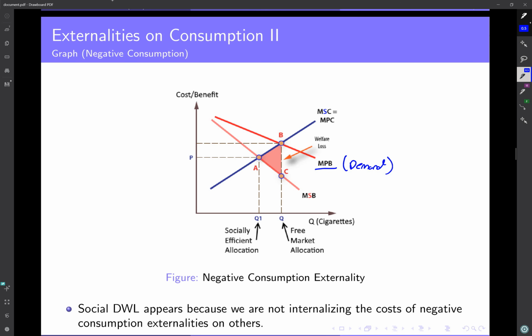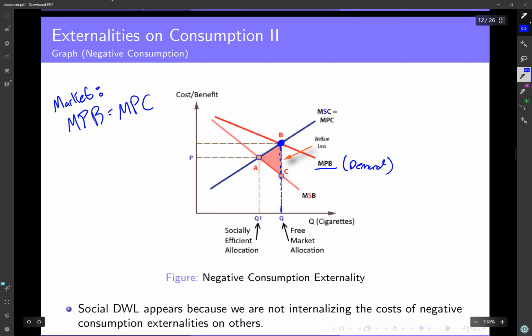Okay, so same kind of thing here. We want to find a few things. We want to find the market outcome. Okay, so that's just where marginal private benefit equals marginal private costs. In other words, supply equals demand, equilibrium from prior chapters. And so that's going to happen here. Okay, so we go all the way down to our axis, and we see that this market allocation is going to happen here.